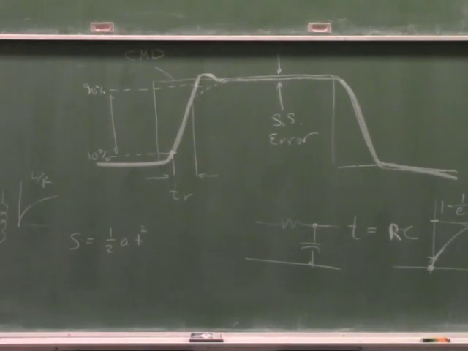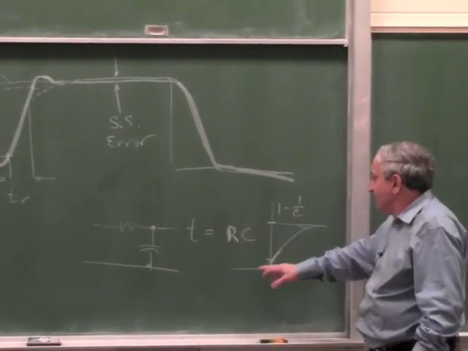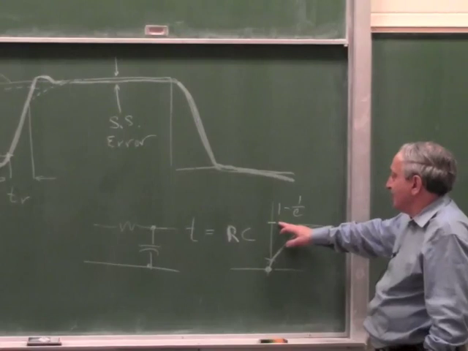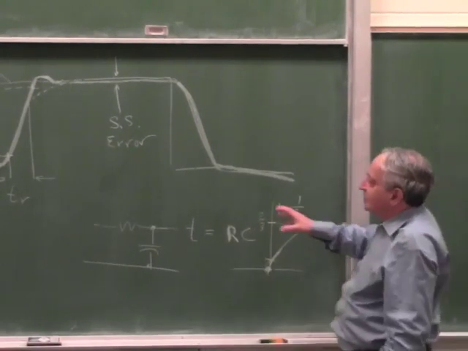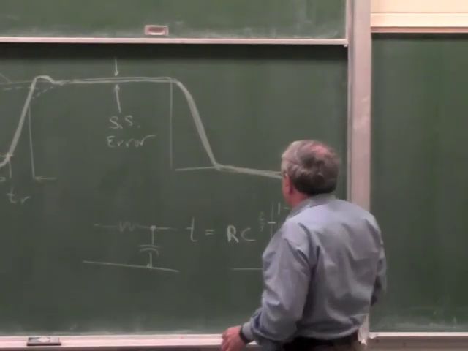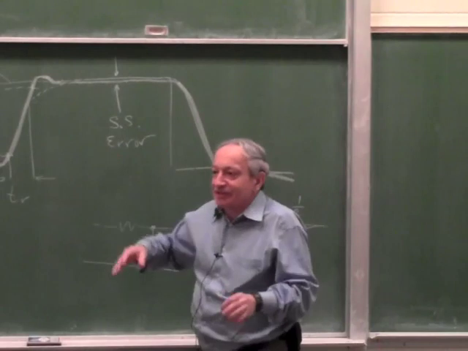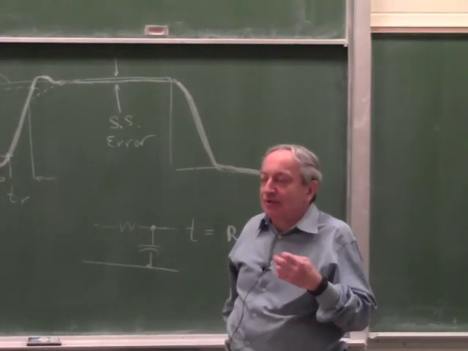I can't remember, but 67% or 63%, basically it's 2/3. So the time constant is the time it takes something to go from 0 to about 2/3. That's the easiest to remember. And that's different than the definition of rise time. Roughly speaking, the rise time is about 2 time constants. Very roughly speaking.